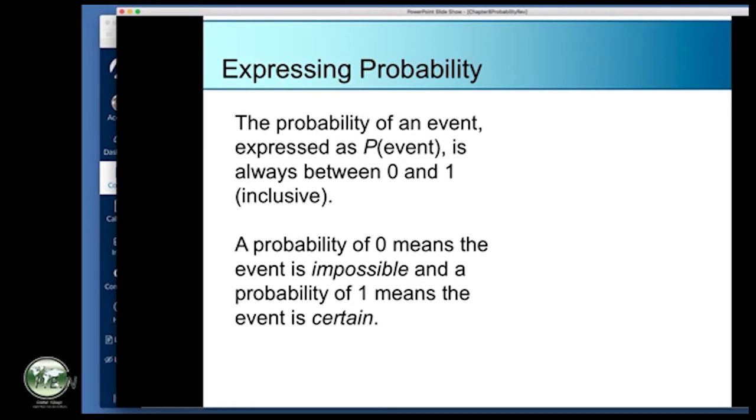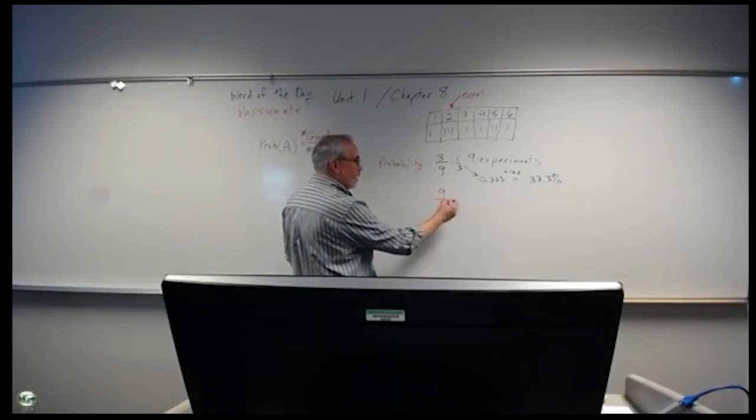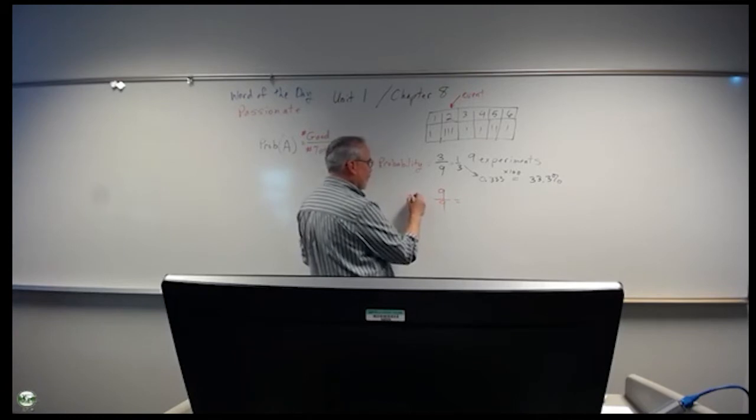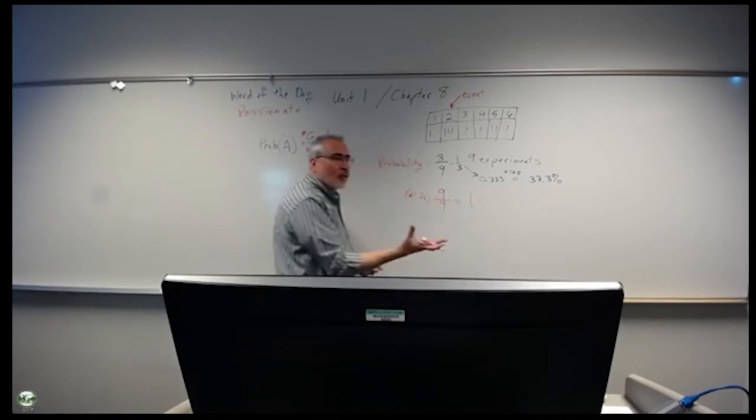Well, no, because I only rolled 9. So the most I could get is if I rolled all twos, 9 out of 9. Okay, 9 out of 9 gives us what? That gives us 1. That's the most we could do.